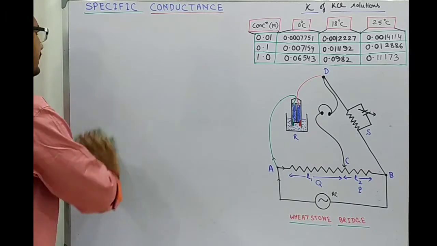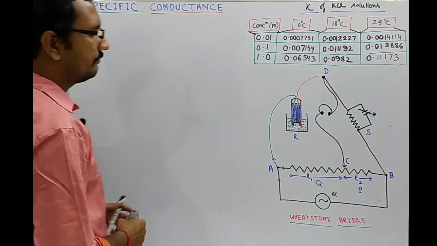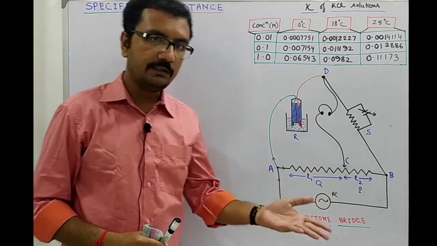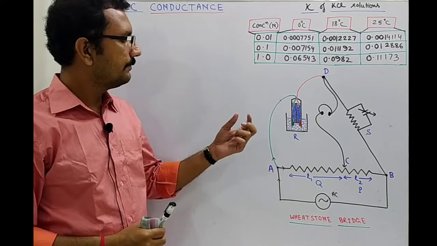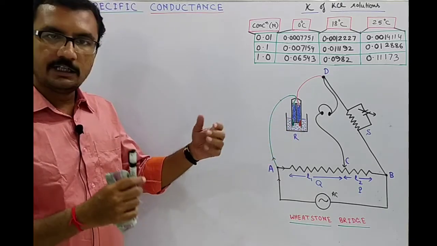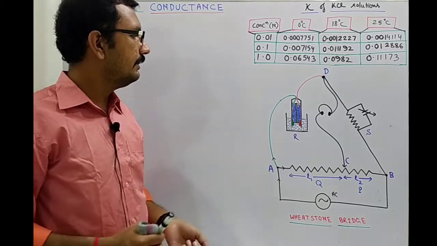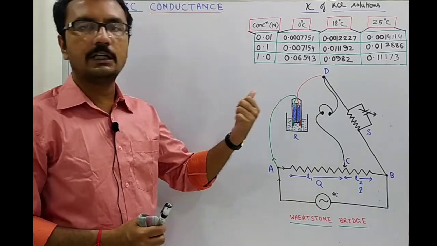Now, while working in the laboratory, say your friend, your partner in the laboratory, came to you with the conductivity cell, and he or she is saying to you that, see what has happened, the label is not there.